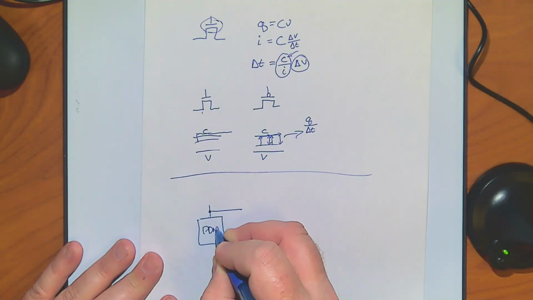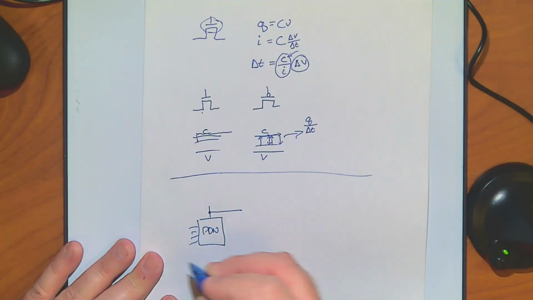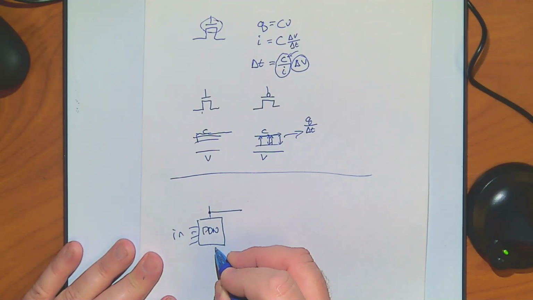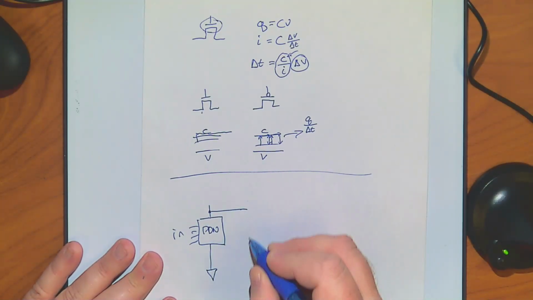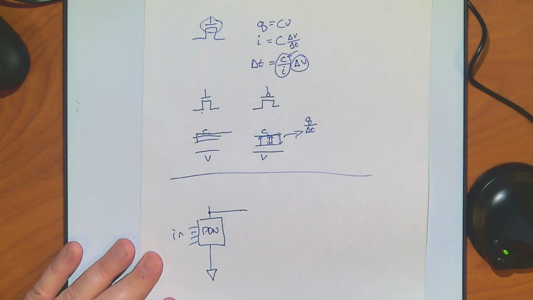My pull-down network. We like this one, right? We've got its inputs. And right now we're just going to say, hook this to ground. Now, I need something that's going to be able to handle this. This pull-down network supplies all the zeros.